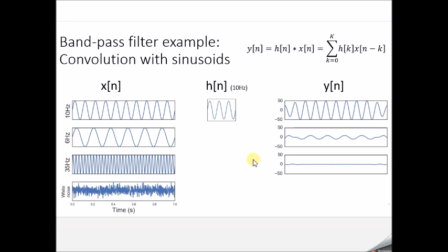If our input is a combination of many frequencies, such as what we'd have in white noise, sliding this 10 Hz filter through the function would extract the 10 Hz component from this noise. So the white noise doesn't really have any prominent frequency component, but when we convolve it with a 10 Hz sinusoid, our output is the 10 Hz component of that signal.